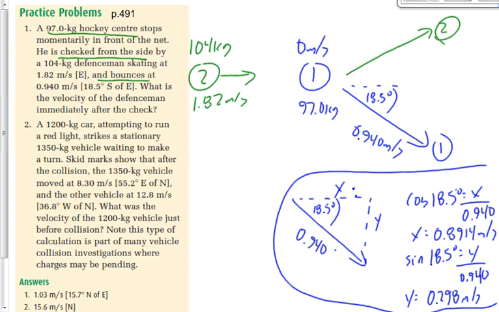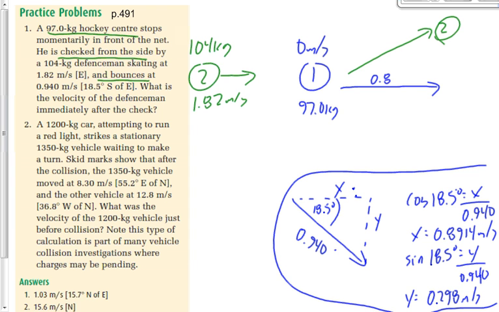What I want to do at this point is redraw it. Scratch this out, erase it, or if you can't do that because you've got it drawn in pen, just redraw it. We have 0.8914 to the right, and we have 0.298 downward.